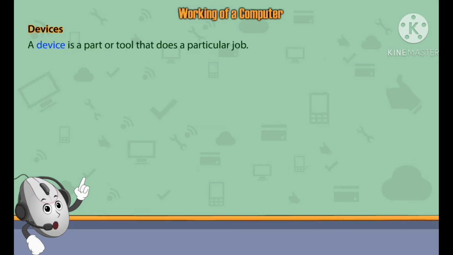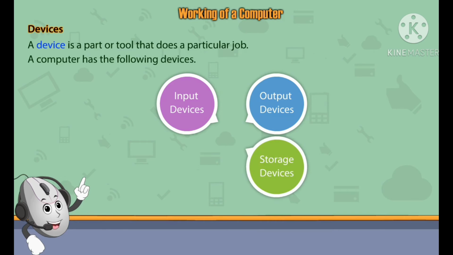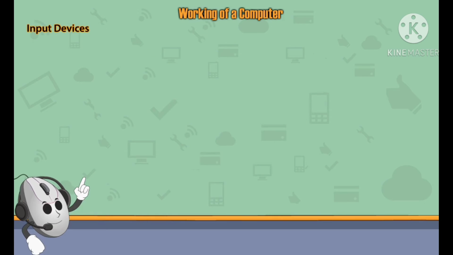Devices. A device is a part or tool that does a particular job. A computer has the following devices: input devices, output devices, storage devices, and processing devices.